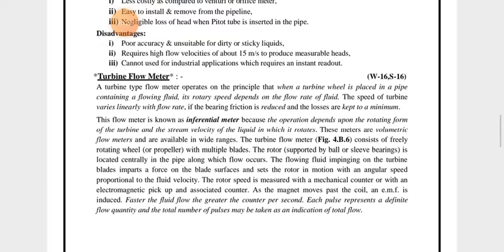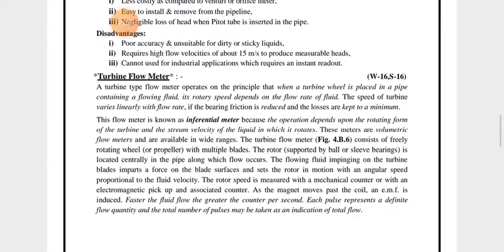If the bearing friction is reduced and the losses are kept to a minimum, this flow meter is known as an inferential meter, because the operation depends upon the rotating turbine and the stream velocity of the liquid in which it rotates. These meters are volumetric flow meters and are available in wide ranges.